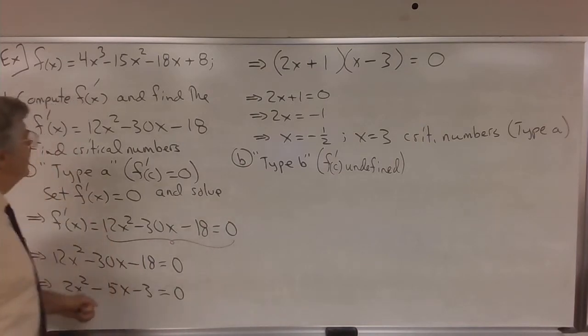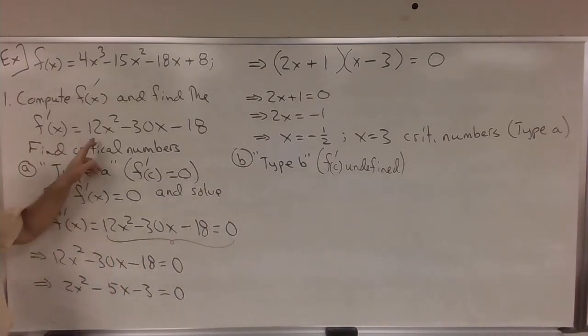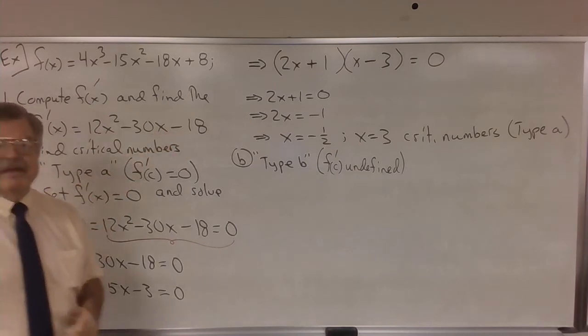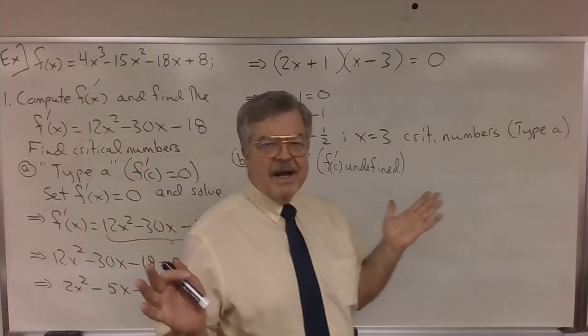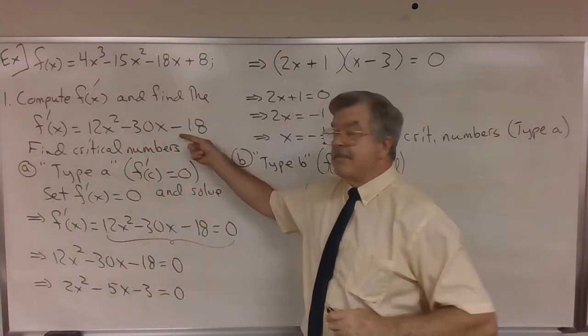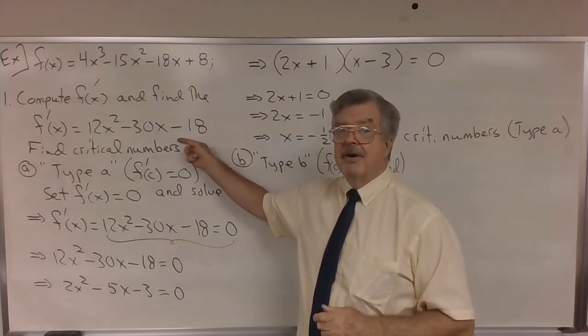So let's see, how can that happen? We have 12 times x squared minus 30 times x minus 18. We've got multiplication, we've got exponentiation, we've got subtraction. There's no division going on anywhere. So it's not possible to divide by 0 here.